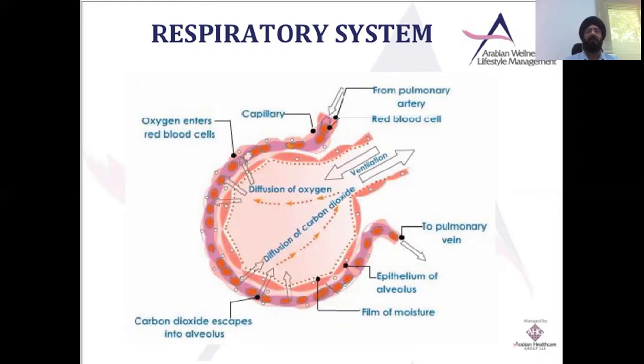Pulmonary ventilation is a process where the air flows in and out of the lungs, whereas external respiration is a process that allows the gas exchange to happen between the alveoli and blood running around the surrounding capillaries. Internal respiration is a gaseous exchange between the circulating blood and the tissue.